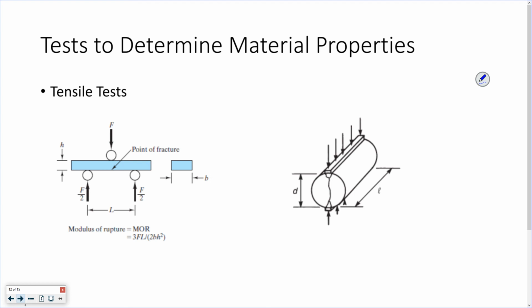Another test is the tensile test. This is the modulus of rupture test, a 3-point bending specimen. I don't know if you guys talked about any of this in your materials classes. Hopefully you did. But just in case you didn't, this is our 3-point bending.